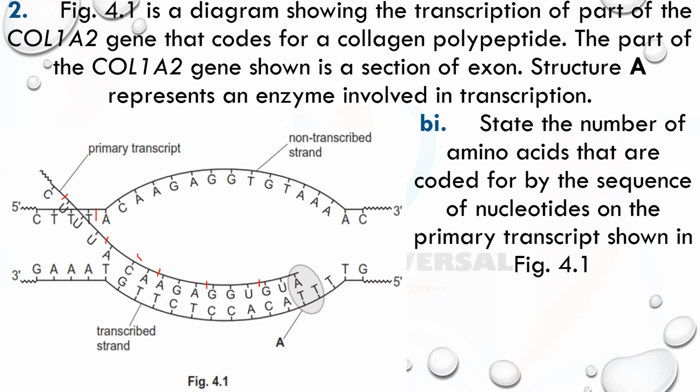So let's count: this 3 gives us 1, this 3 gives 2, then 3, then 4, and this gives us 5. So 5 amino acids. That's the answer.